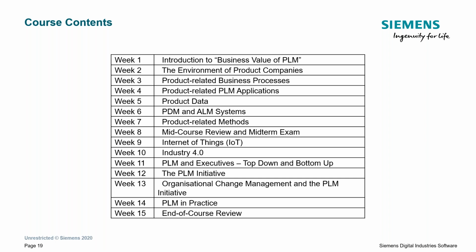We focus on product data, then the systems that manage product data, product data management, and application lifecycle management systems, hardware and software. It's still separate today. We talk about methods. Sometimes this is taught in product development classes or systems engineering classes. Then we have an exam.